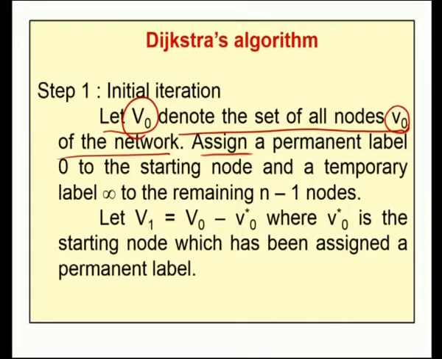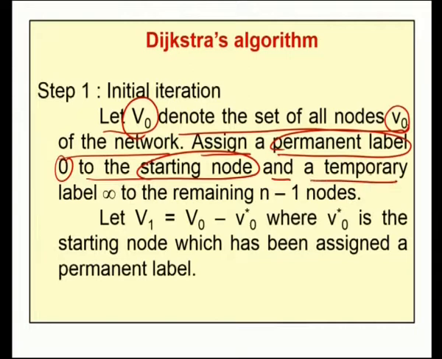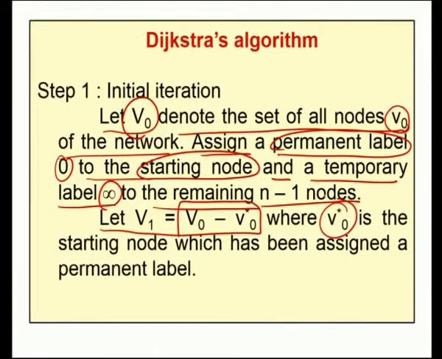Assign a permanent label 0 to the starting node and a temporary label infinity to the remaining n minus 1 nodes. Let V1 equal V0 minus V0 star, where V0 star is the starting node which has been assigned a permanent label.